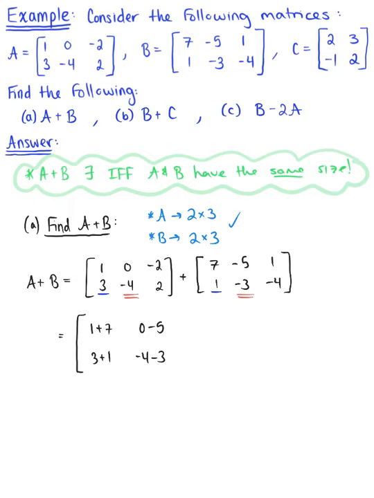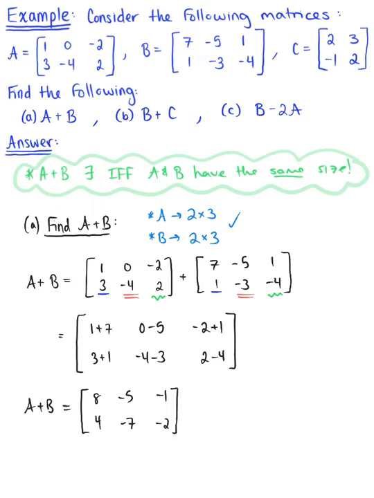And last but not least, we want to add the third corresponding column vector, which leaves us with negative 2 plus 1, 2 minus 4. And so we are left here with the beautiful final answer of 8, 4, negative 5, negative 7, negative 1, negative 2. And so that is the sum of matrix A plus matrix B.